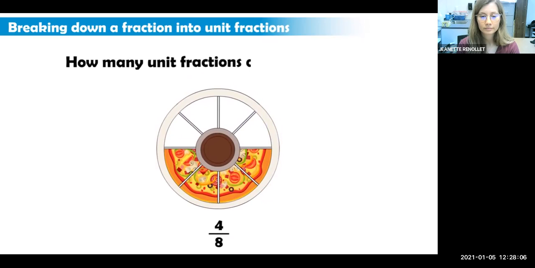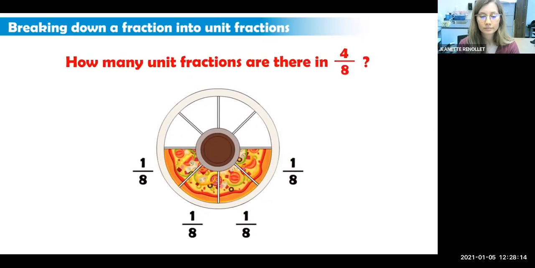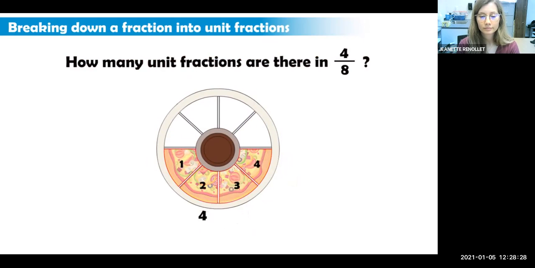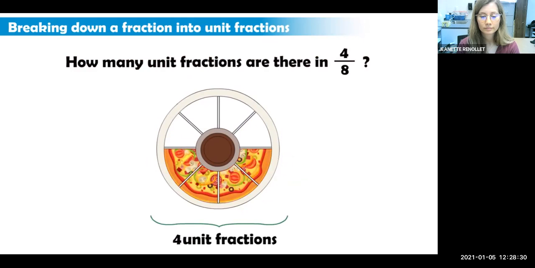How many unit fractions are there in 4/8? Every pizza slice represents a unit fraction 1/8. So how many unit fractions do we need to get 4/8? Let us count and write them down. We have 1, 2, 3, and 4 slices, or a total of 4 unit fractions.